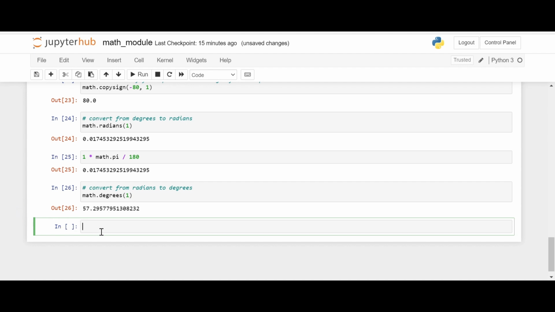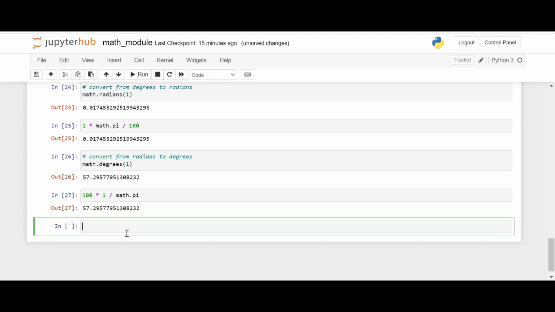So the formula is, this is 1 degree to radian and this is 1 radian to degree. So 1 radian is equal to 57 degrees, 1 degree is equal to 0.017 radian. So in this case the formula will be this divided by math.pi. So you get the same result.